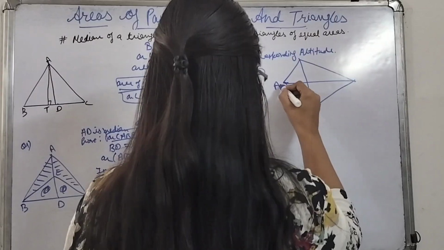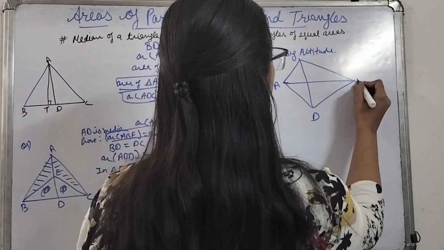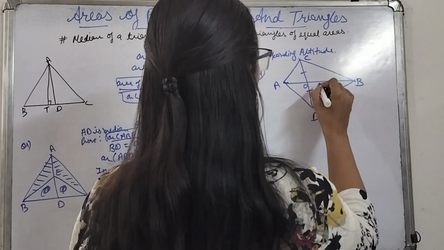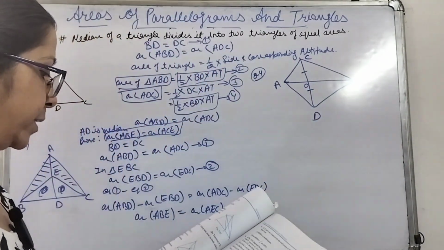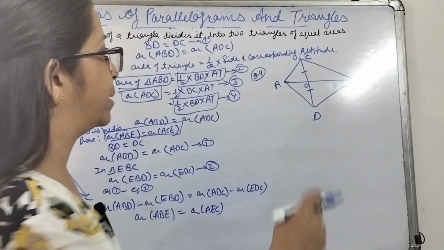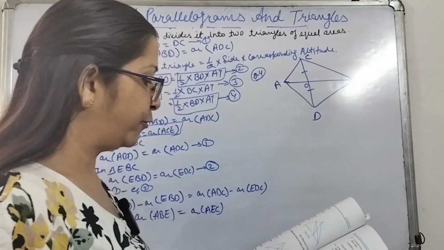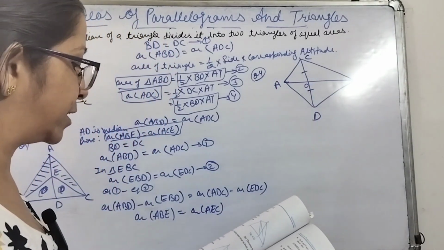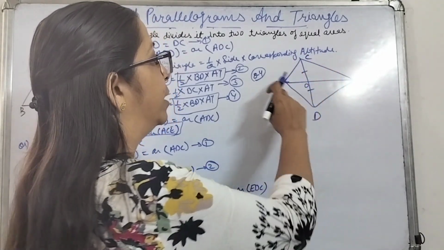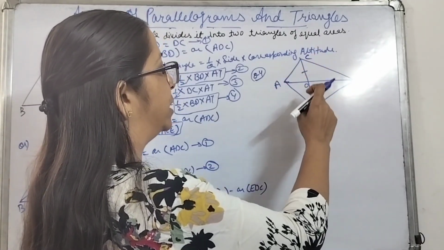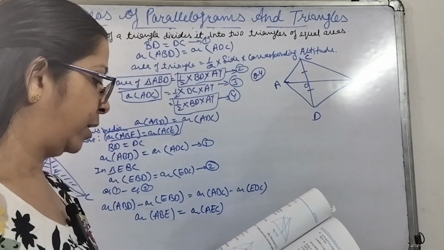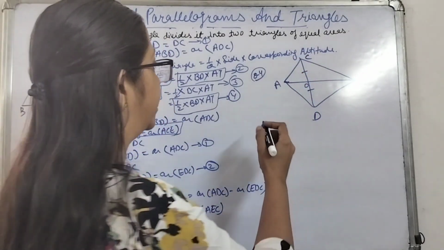It is A, D, B, this is C, this is O. In the figure, ABC and ABD are two triangles on the same base AB. If line segment CD is bisected by AB, that means OC is equivalent to OD, because AB is bisecting your CD. So we will see that OC is equivalent to OD at O. Then show that, to prove.